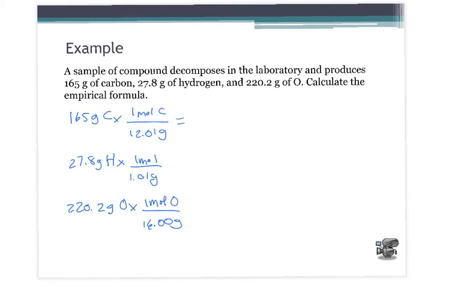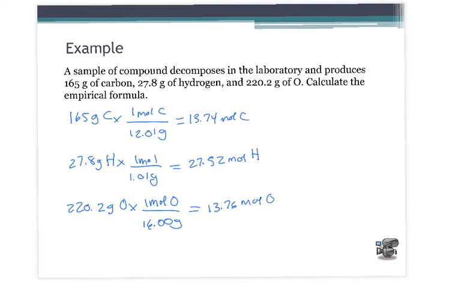Okay, and then we find that this gives us 13.74 moles of carbon. This gives us 27.52 moles of hydrogen, and this gives us 13.76 moles of oxygen.